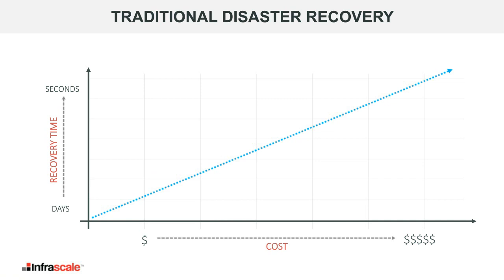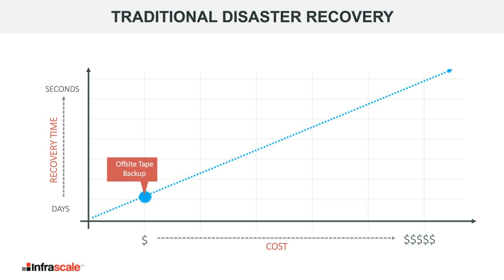So if we look at traditional disaster recovery and take a look at the cost of disaster recovery in comparison to the RTO, the recovery time objective, right? Essentially, data backup and DR used to be one and the same, and it was just offsite tape backup. So I have another question to ask you guys if you're still on tape backup, right? And you can use the Q&A if you want to chime in with comments there.